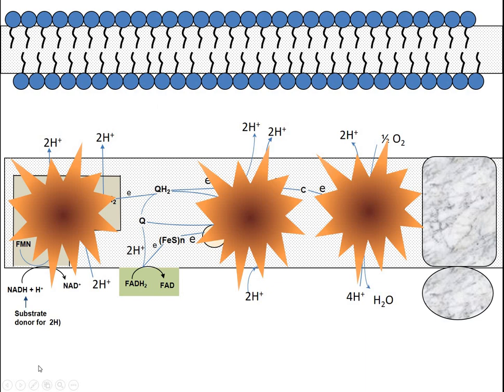So if proton movement begins from an NAD-dependent enzyme, we go through all 3 points where ATP may form. If proton movement begins from an FAD-dependent enzyme, we go through 2 points where ATP may form.